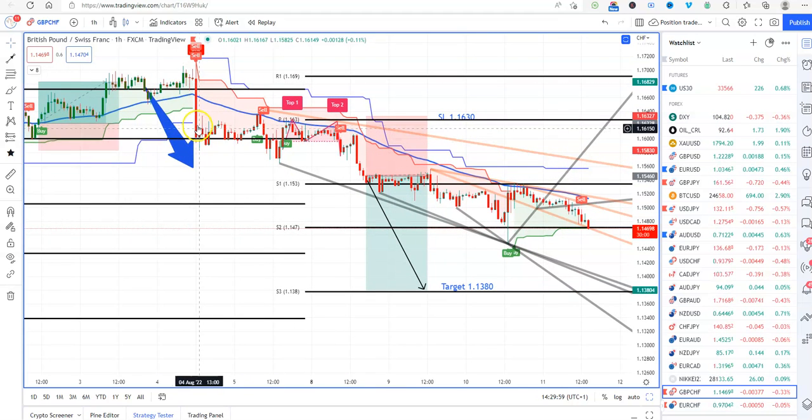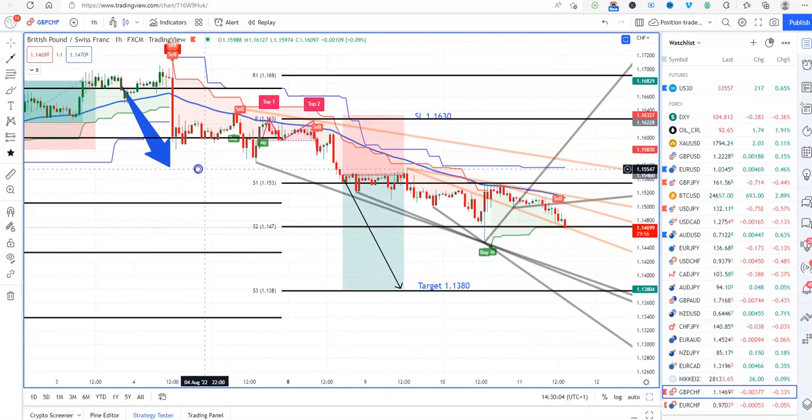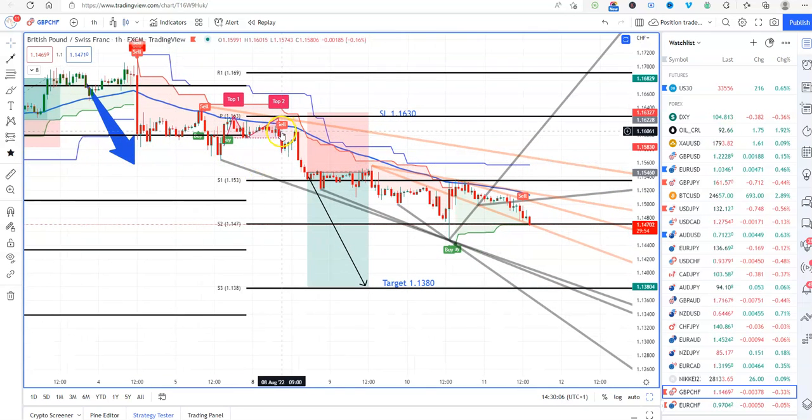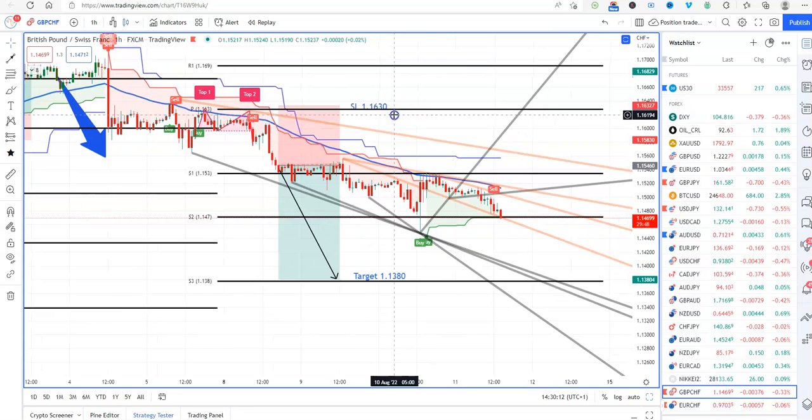But nonetheless, there was an opportunity here, at 116.20. And there's another opportunity coming up shortly, but we're in it anyway. And of course, what tends to happen is price will run out of steam.